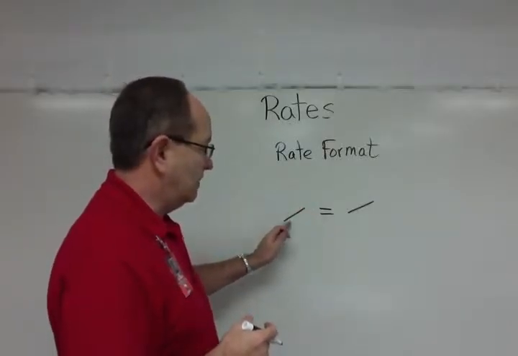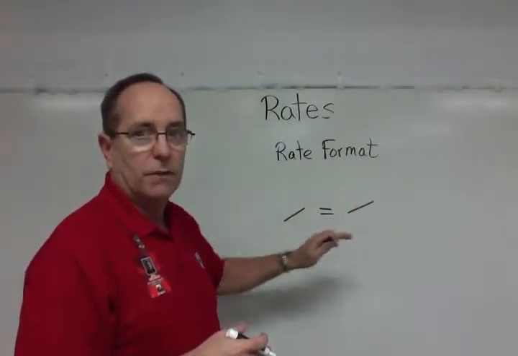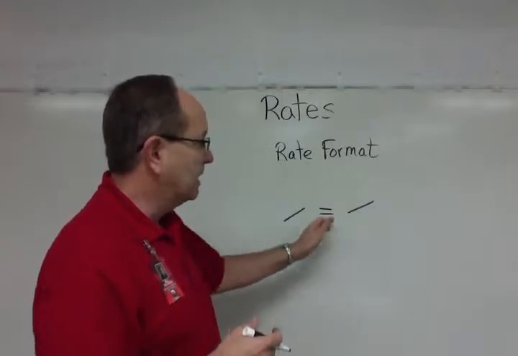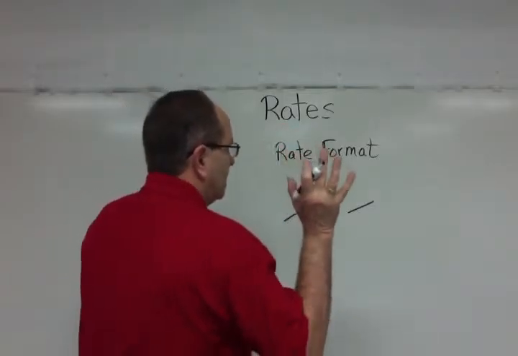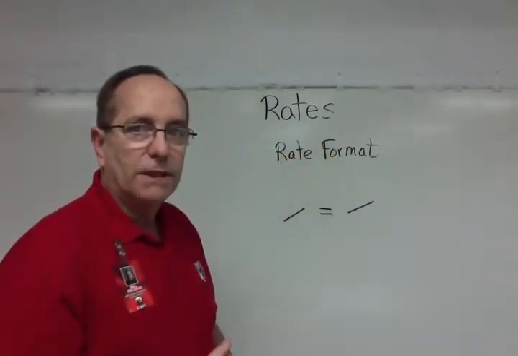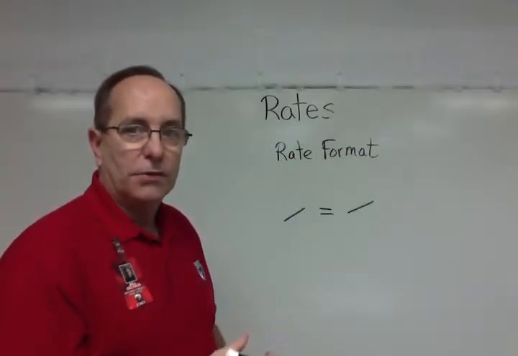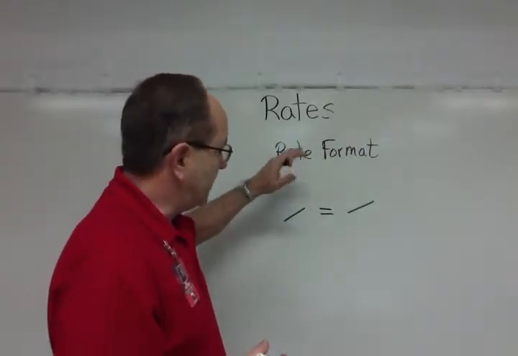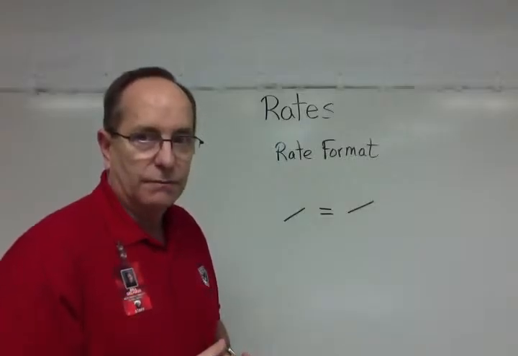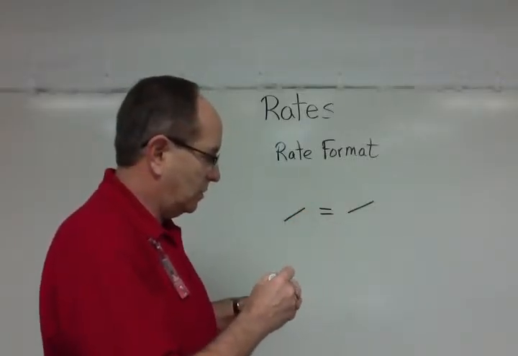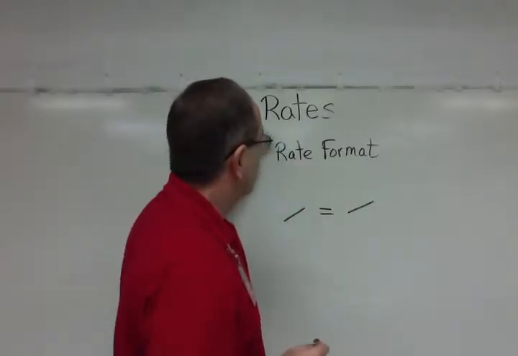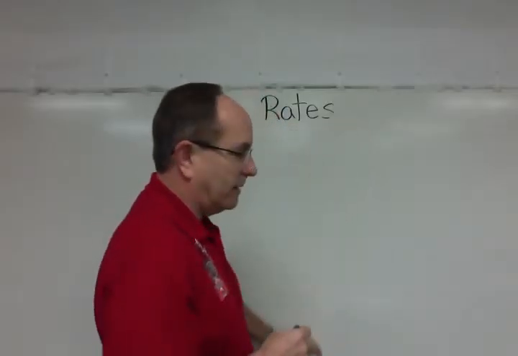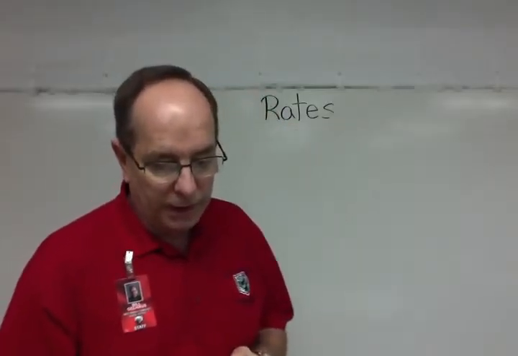And so I have the division sign of the fraction, what separates the numerator from the denominator, and this equal sign. Every time, every rate can be solved in this manner, and then doing cross multiplying. So that rate format is those three symbols. And then I plug in things to that rate format. So as I talk about rate format, that's what I'm referring to, is those two equivalent fractions.